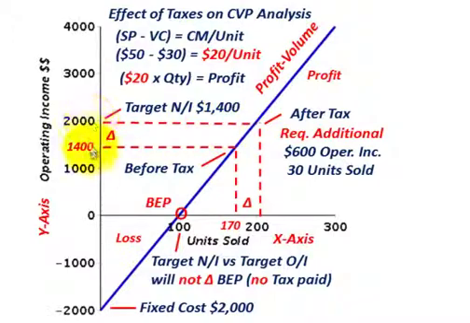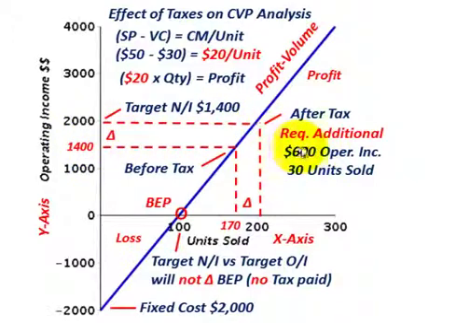And then for our operating income, remember our targeted net income was still $1,400. We wanted it to be the same as our operating income before taxes. I just threw that number out. But in order to generate a targeted net income of $1,400, we had to have that additional operating income from $1,400 up to $2,000.